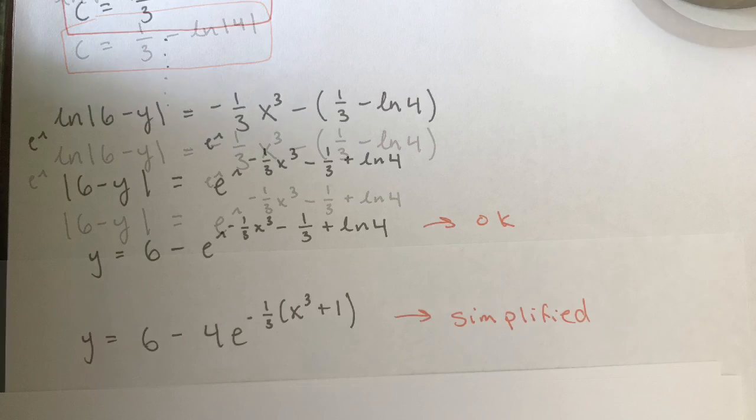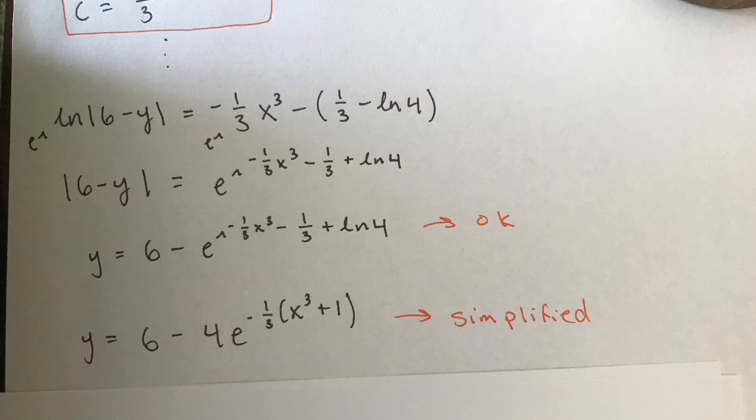So our last step will be to solve for y, and in doing so, making sure we keep track of all the negatives, we will get y equals 6 minus e to the -1/3 x cubed minus 1/3 plus ln 4 power. And this answer is okay for College Board, but if you want to simplify that down further, here is the simplified answer, y equals 6 minus 4e to the -1/3 times x cubed plus 1.